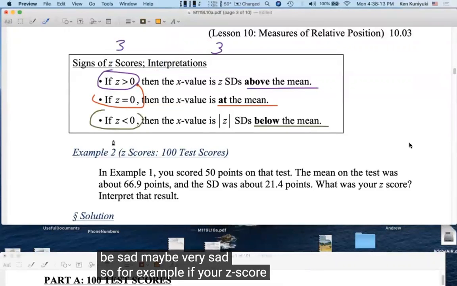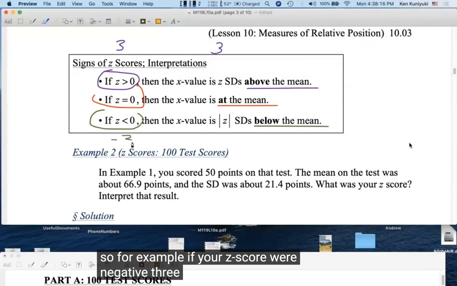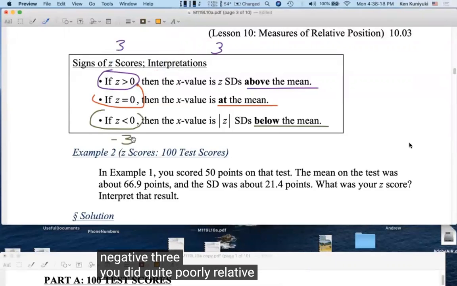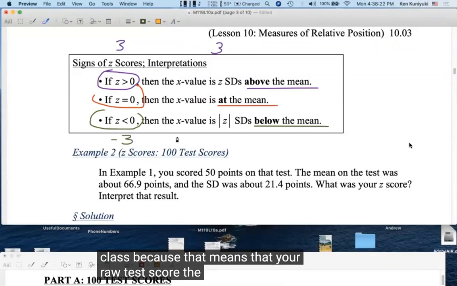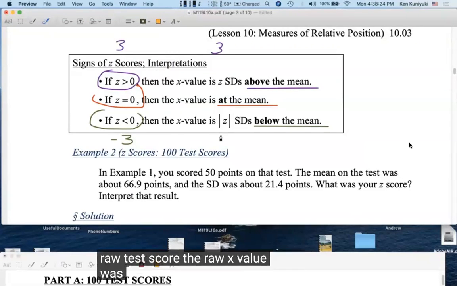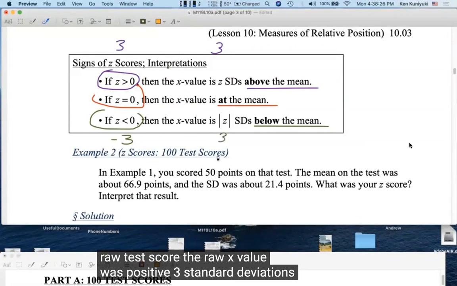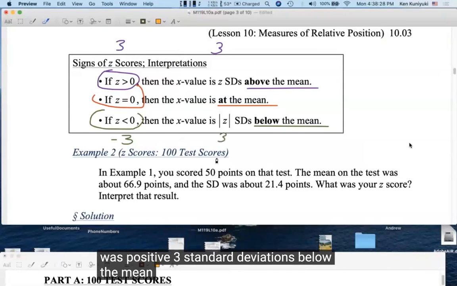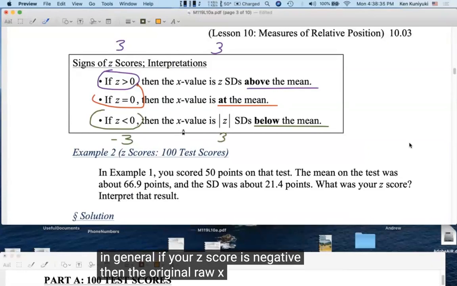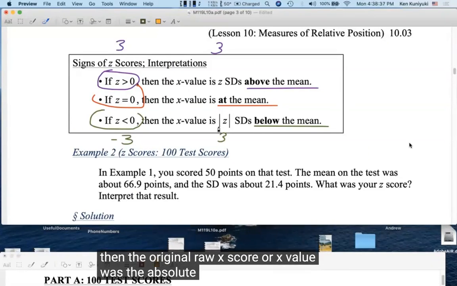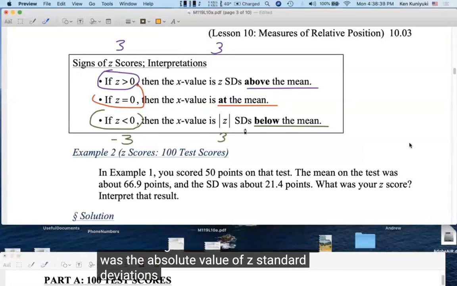So for example, if your z-score were -3, you did quite poorly relative to the class, because that means that your raw test score, the raw x value, was 3 standard deviations below the mean. In general, if your z-score is negative, then the original raw x score, or x value, was the absolute value of z standard deviations below the mean.